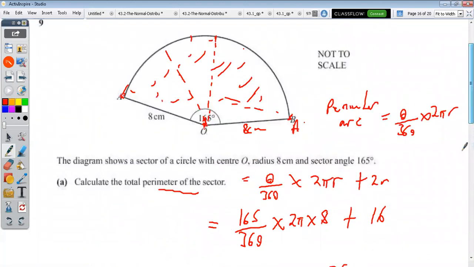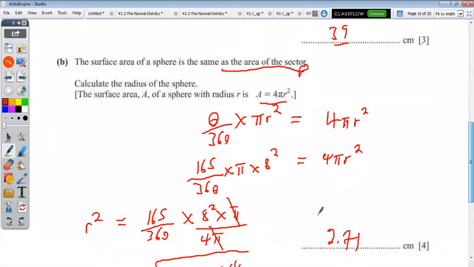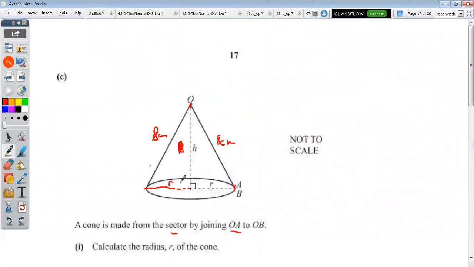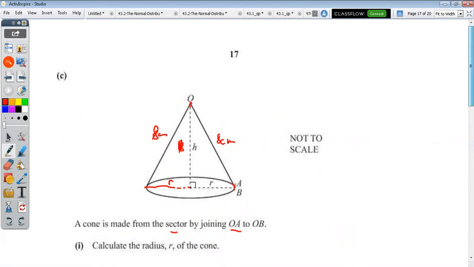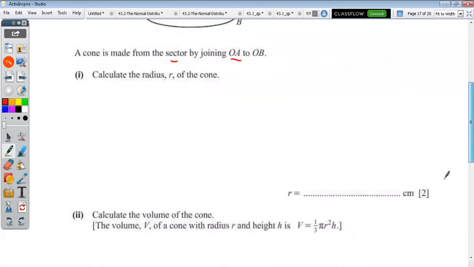How do you find the volume of a cone? What's the formula? Aren't they supposed to give us the formula? Oh, what is given there?